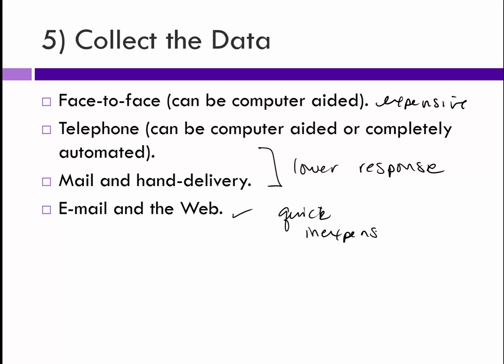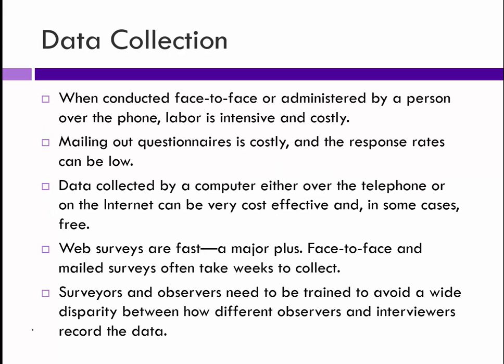And you can do more than just surveys. I think most of us think of the web for surveys, but you can do a lot of different things. I'm not going to go over all of these, but these are some things to think of, whichever one you're doing. And making sure your people are trained so that you're getting objective answers. Mailing out questionnaires, again, low response rates, that kind of thing.